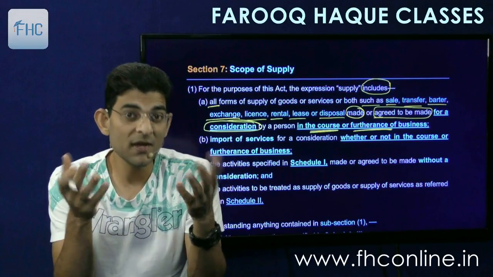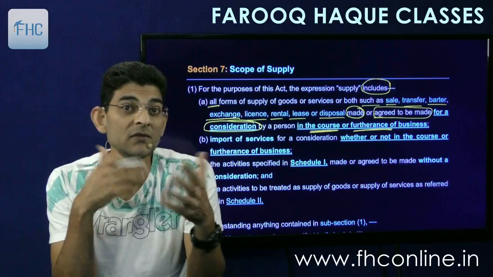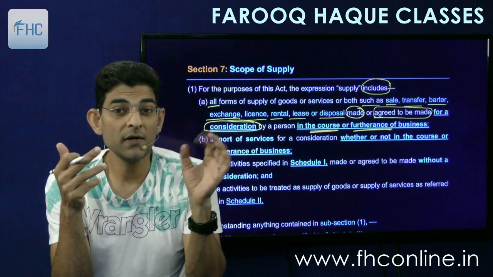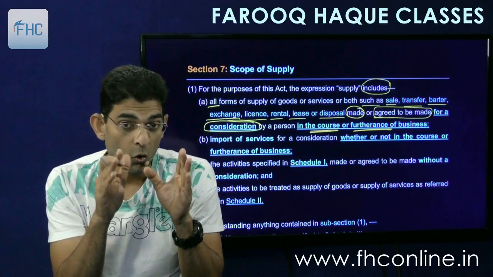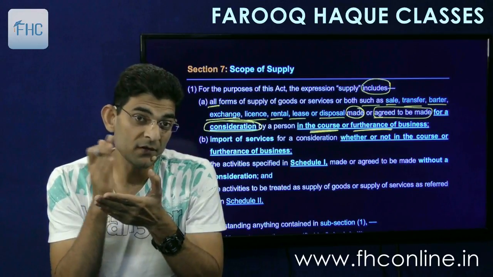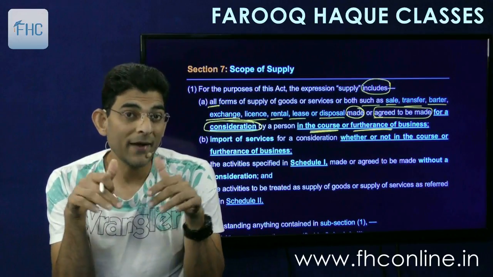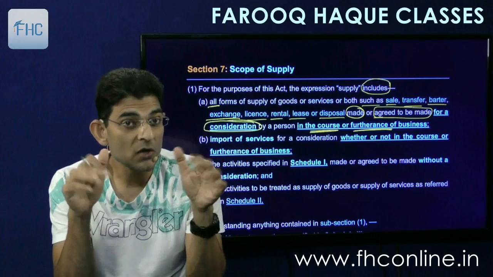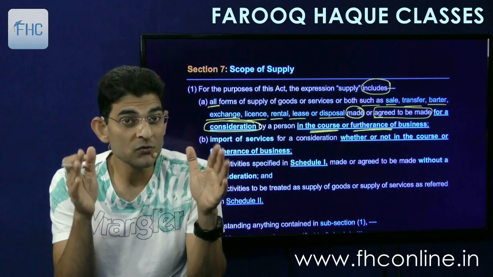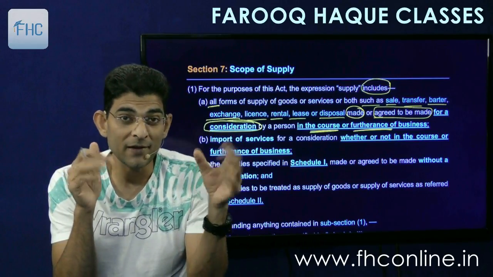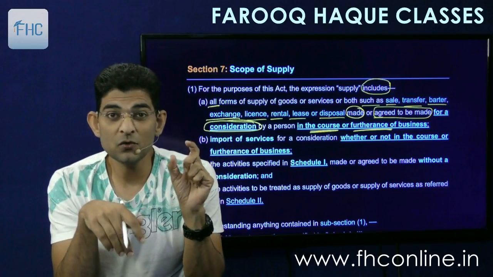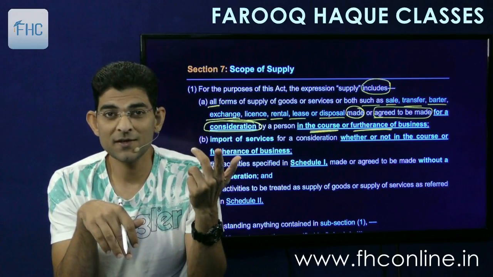I am giving you the service in the course of my business. So it is a regular thing that I do. So in the course. Or furtherance of business. Now furtherance of business means to enhance your business, to start something new in the course of business. So all adventure stuff comes in the definition of furtherance of business.